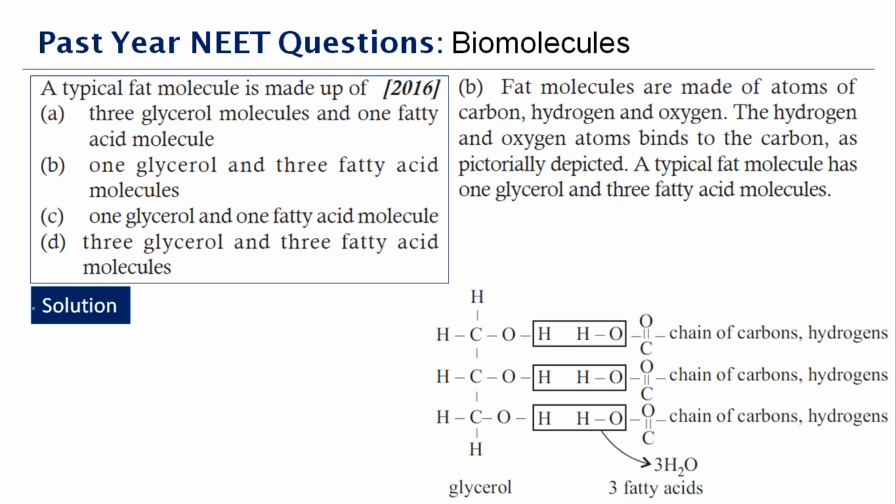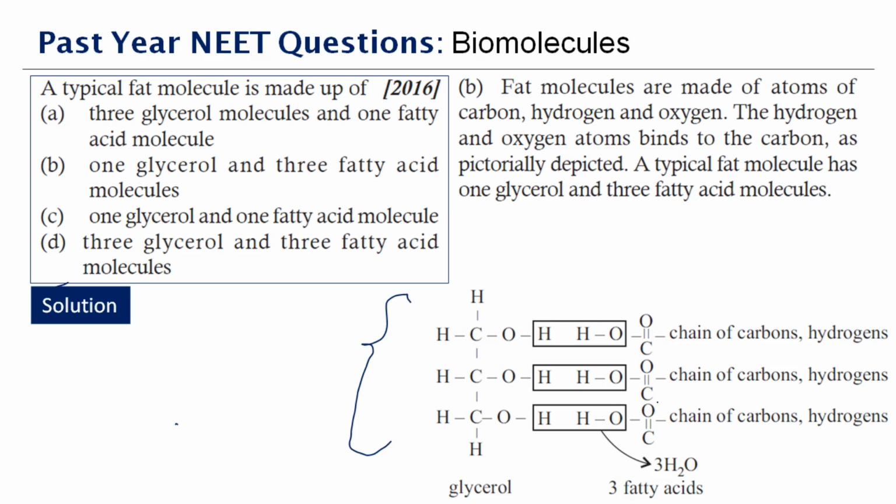So you can see how it is bonded here. Can you see it here? So this is how it will form. It is a chain of carbon and hydrogen. So you can see here. So a typical fat molecule will have 1 glycerol and 3 fatty acid molecules. So what is a typical fat molecule made up of? 1 glycerol and 3 fatty acid molecules.